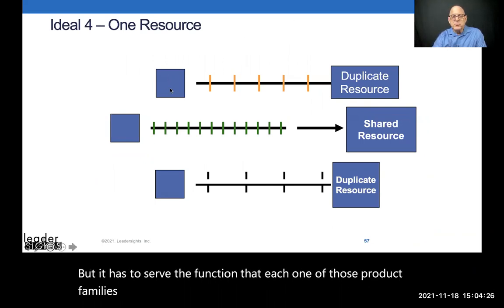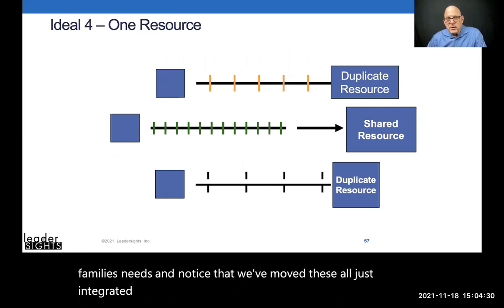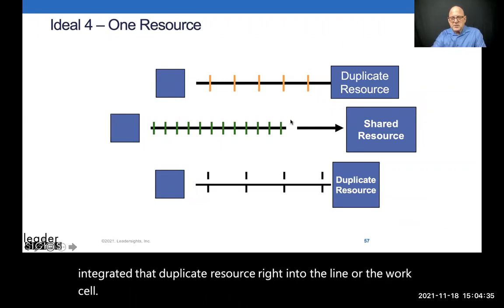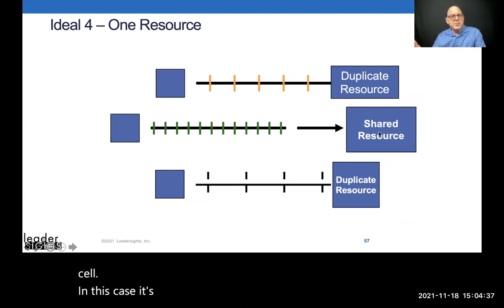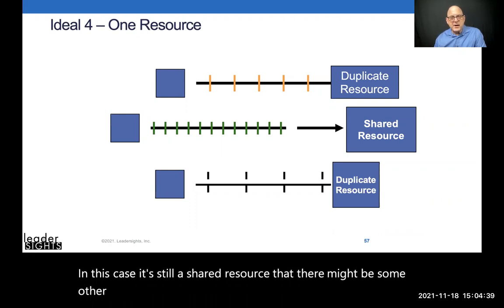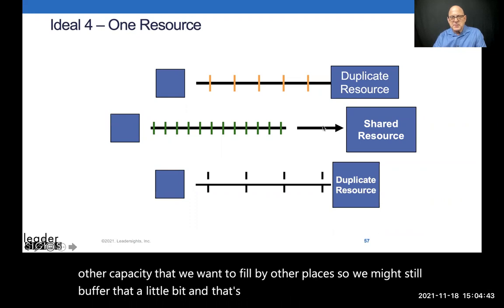And notice that we've integrated that duplicate resource right into the line or the work cell. In this case, it's still a shared resource, so there might be some other capacity that we want to fill by other places, so we might still buffer that a little bit, and that's what this kind of symbolizes.